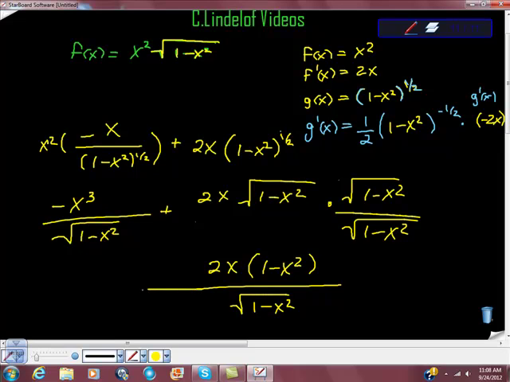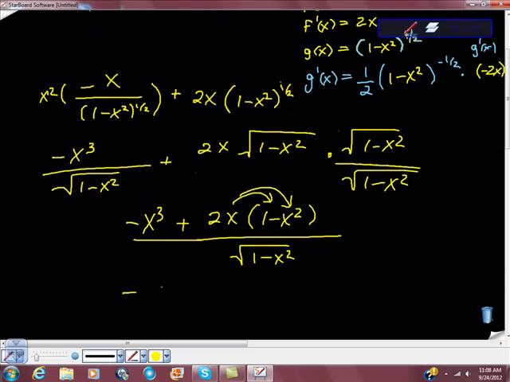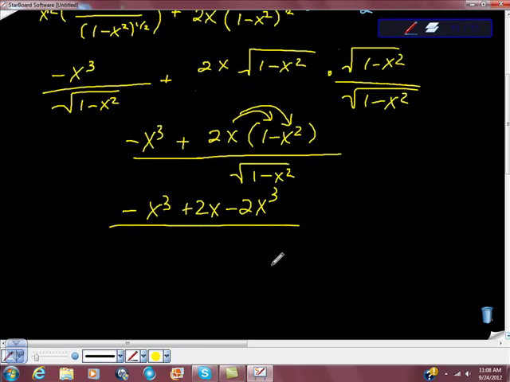And then look, we don't need to keep doing this, right? This plus sign is this one, plus this negative x cubed. Let's see what we get here when we multiply this in. I'm going to go ahead and distribute this in. It's just a lot of algebra, isn't it? I'm going to go ahead and bring this down so you can see what I'm doing here. So here's my negative x cubed plus 2x minus 2x cubed all over square root of 1 minus x squared.